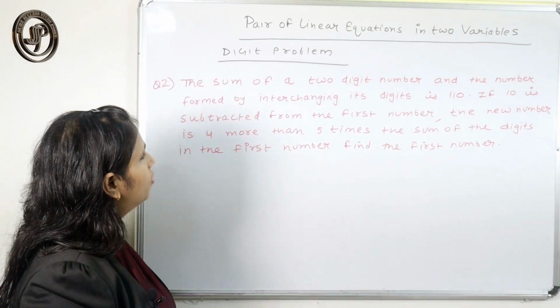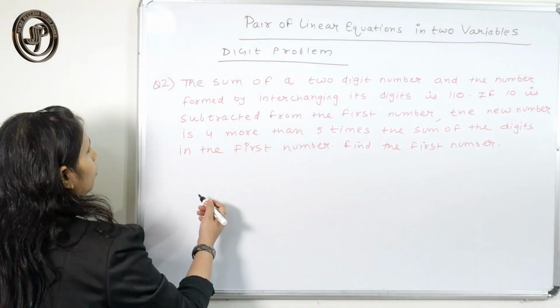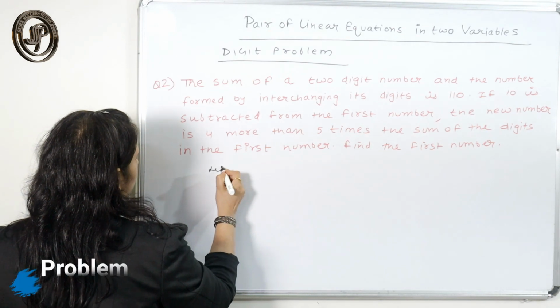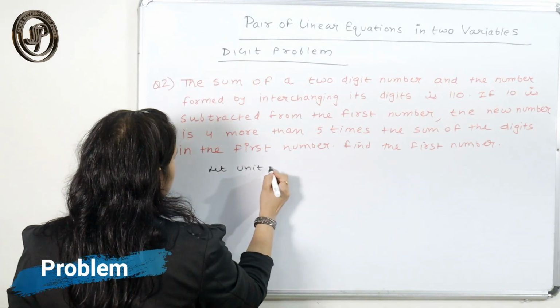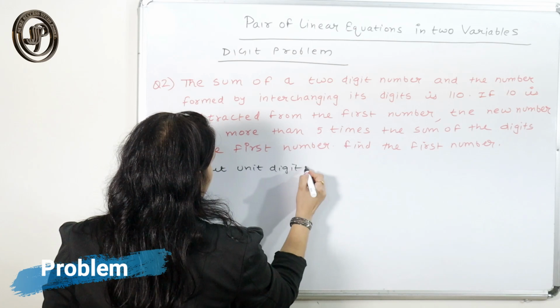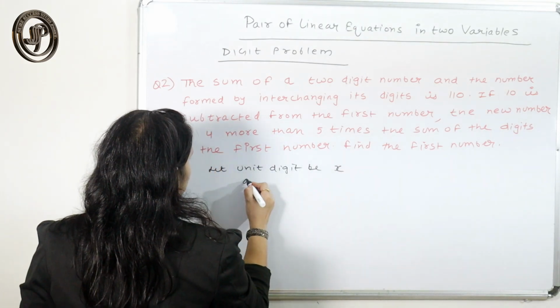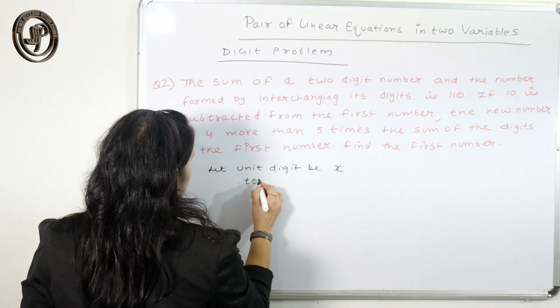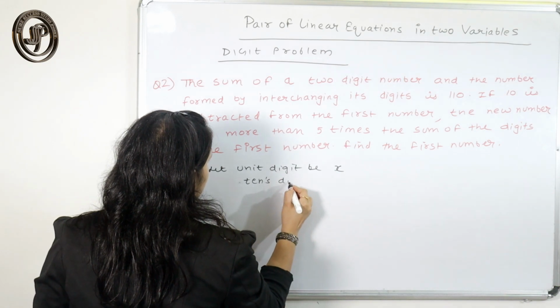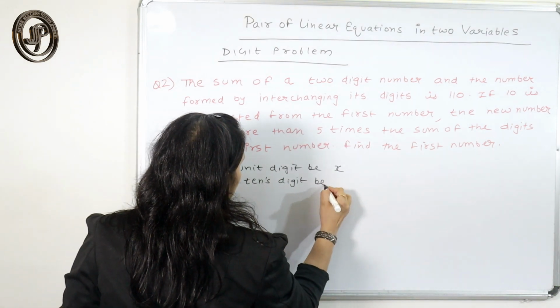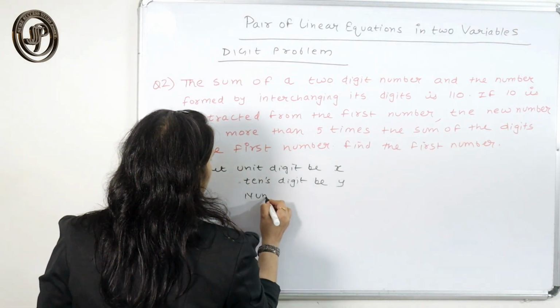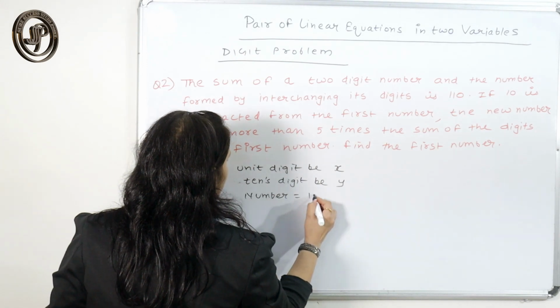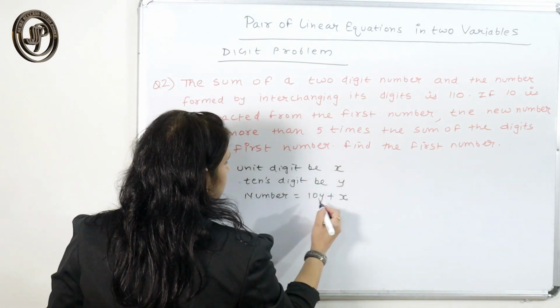Take one more question from the digit problem. Here also, first we write, let unit digit be x, tens digit be y. Then number will be 10y plus x.